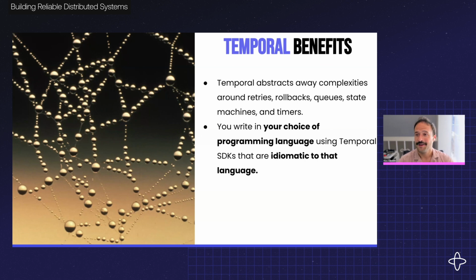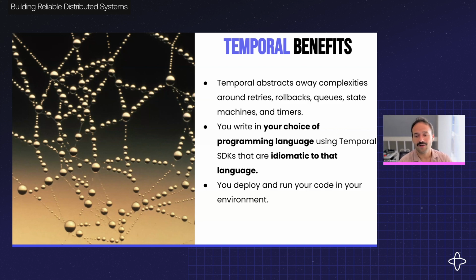We actually have, I think at last count, 7 that are fully supported by Temporal and a few other community SDKs. So let's see if I can do it top of my head. Go, Java, Python, TypeScript, PHP, .NET, and Ruby are all supported by Temporal. And there's also a few community supported SDKs, including Haskell. If anybody is a Haskell fan, that was a contribution from the community.